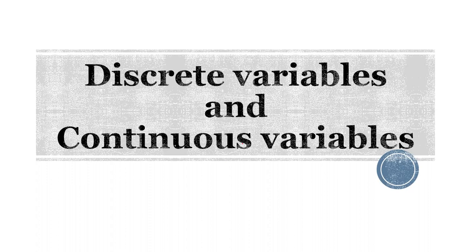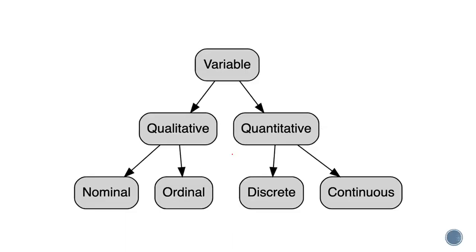I will begin with this diagram, variable diagram. Variable comprised of two types: qualitative variable and quantitative variable.